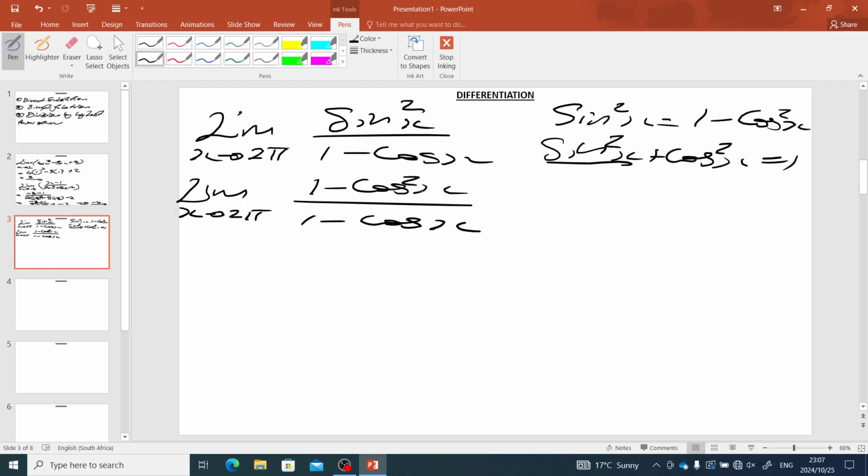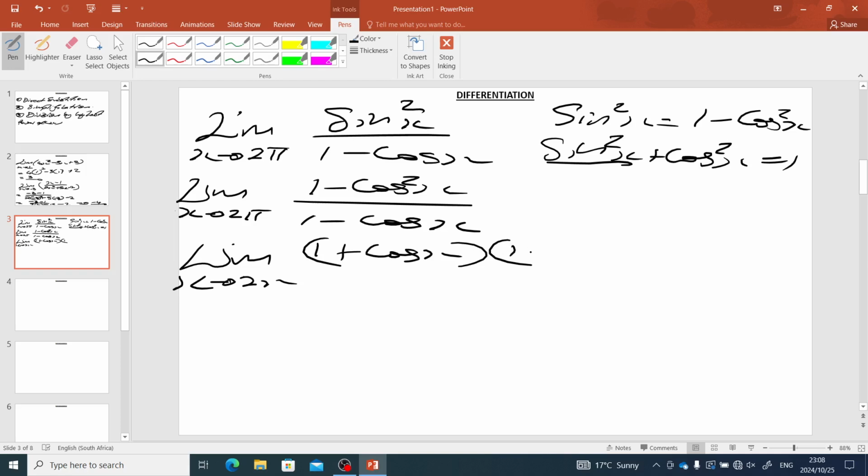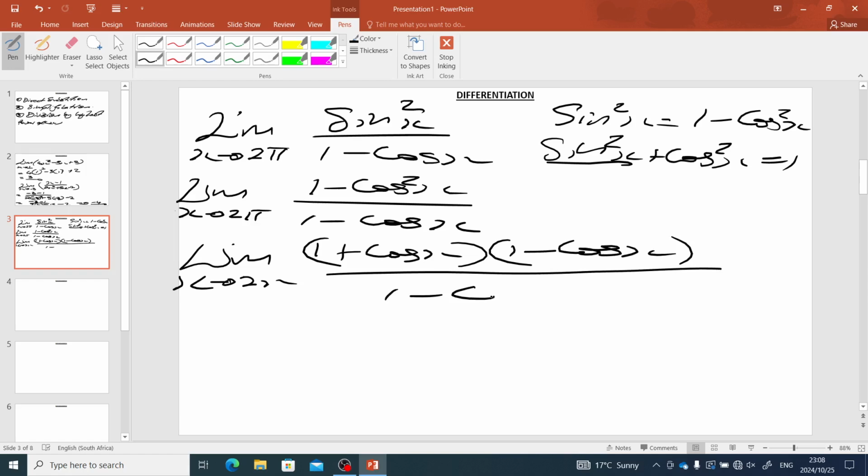On the numerator, we have a difference of squares, so we factorize it: 1 plus cos x multiplied by 1 minus cos x, divided by 1 minus cos x. The 1 minus cos x factors cancel out.